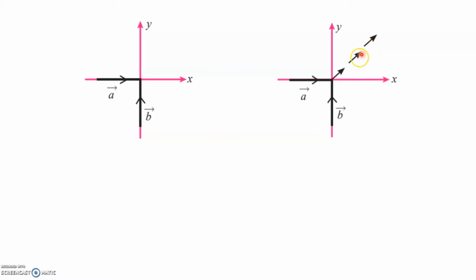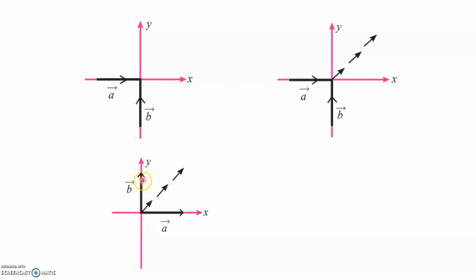And then what we will do is, let's move the vector A into our x-axis for understanding, and B up into the y-axis. So we're going to place the origin of A and the origin of B at the origin of the object. We have done that here.